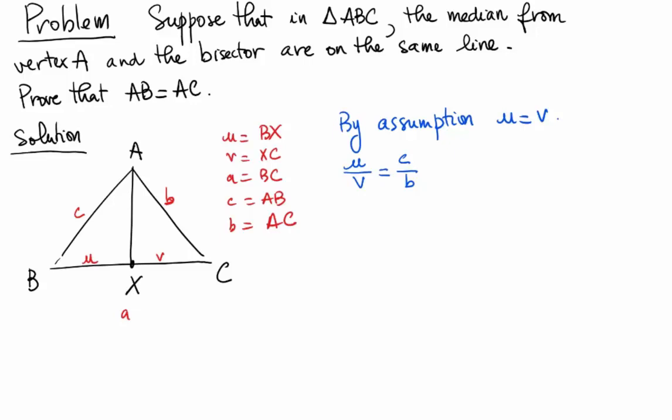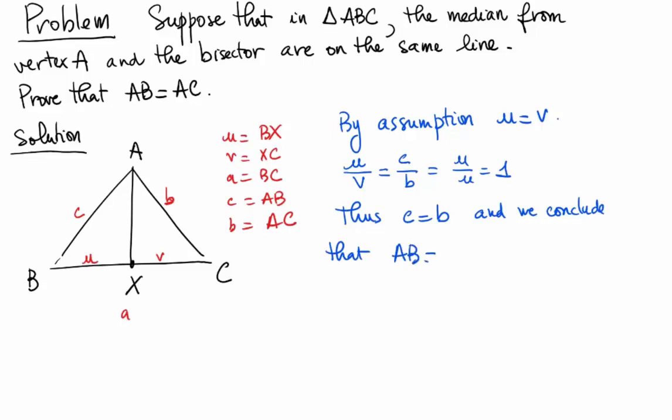And because u is equal to v, this will be essentially u over u, which is equal to 1. Thus, c must be equal to b, and we conclude that AB must be equal to AC, because little c is AB and little b is AC.